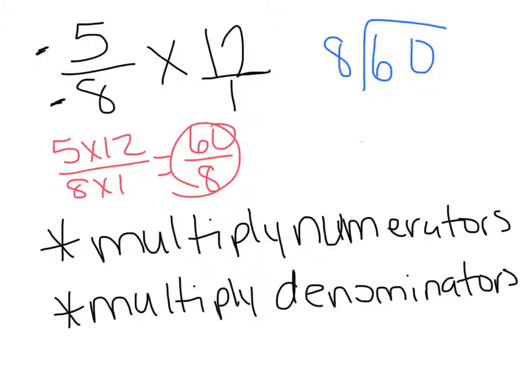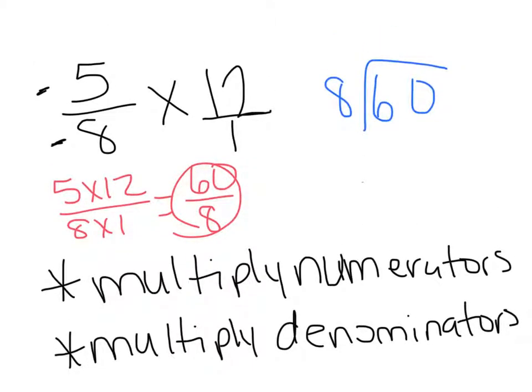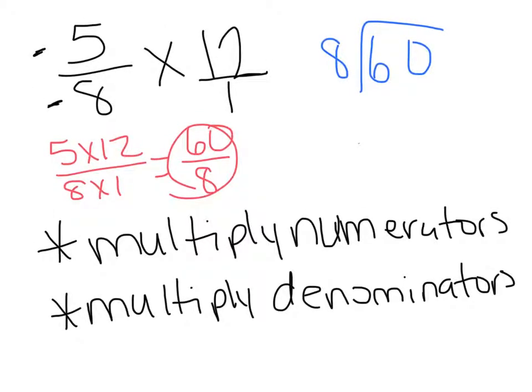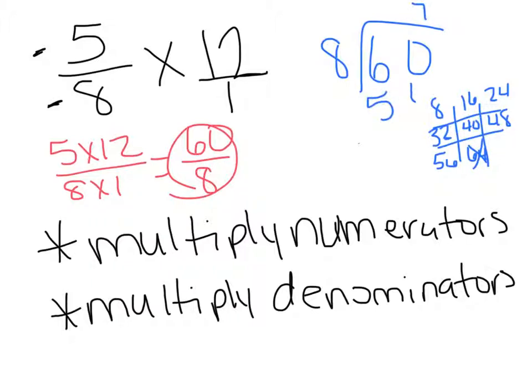Well, if you list out all your multiples of 8, you have 8, 16, 24, 32, 40, 48, 56, 64. Okay, that's too many, so we go back down and we get 7. 8 times 7 is 56. We subtract and we have 4 as the remainder.